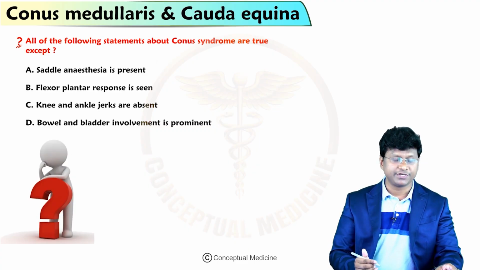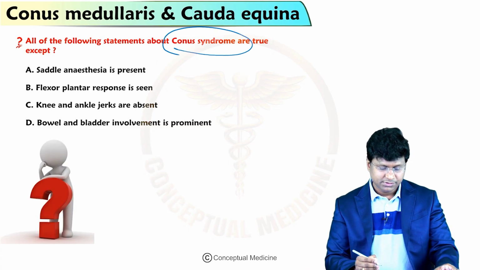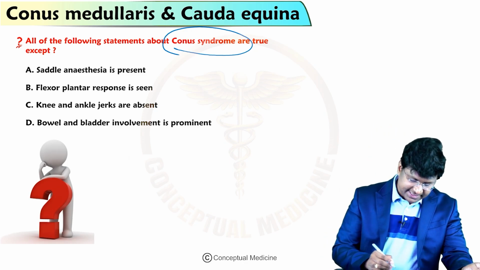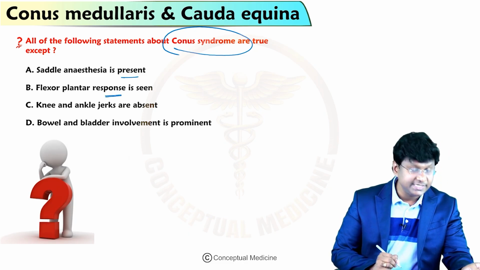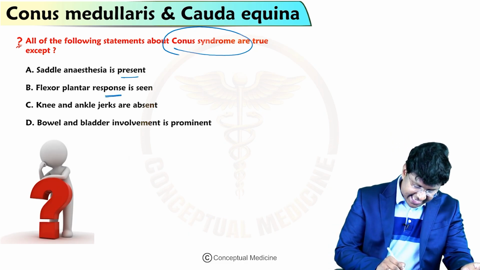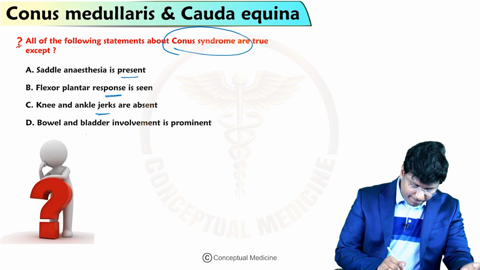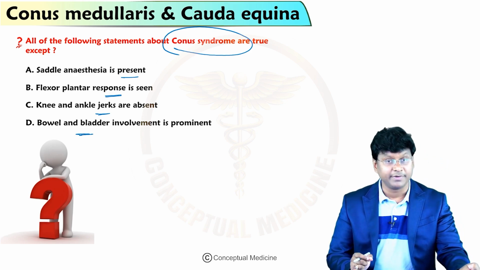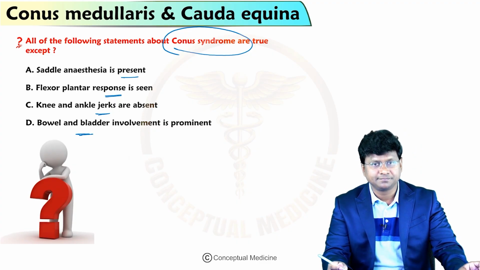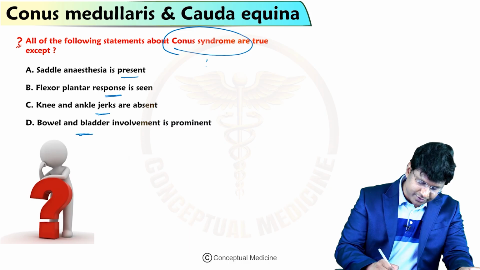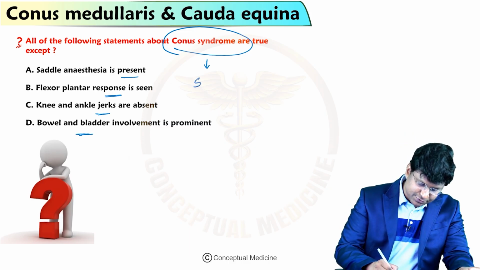Now if you see this question: all of the following are the true statements about conus except saddle anesthesia is present, flexor plantar response is seen, knee and ankle jerk are absent, bowel and bladder involvement is prominent. See, conus medullaris, what did I tell you? In case of conus medullaris, you have only the sacral spinal nerves.